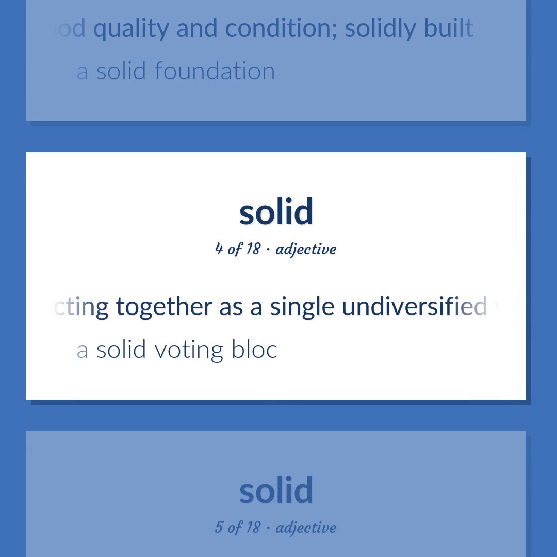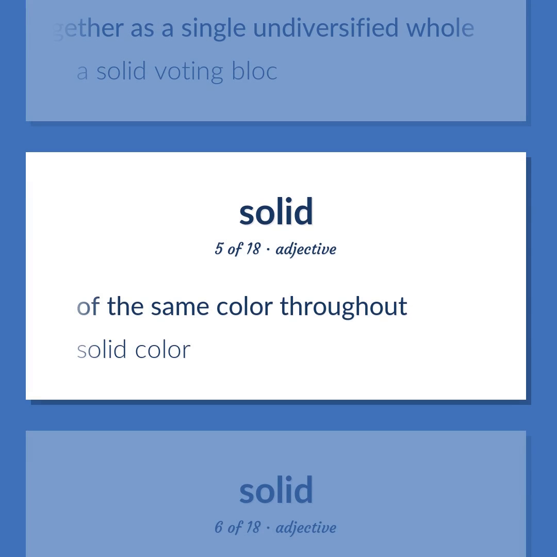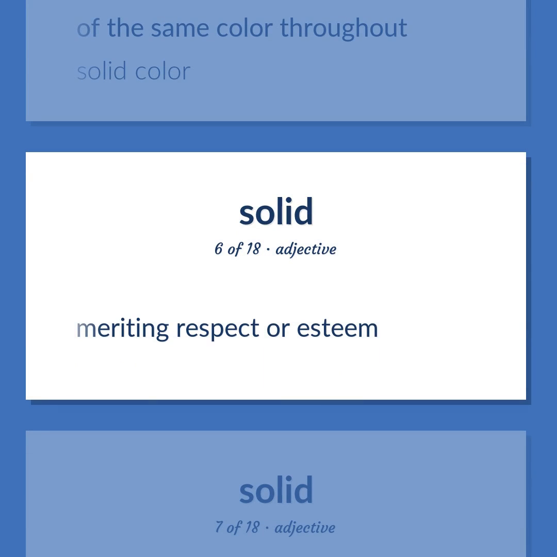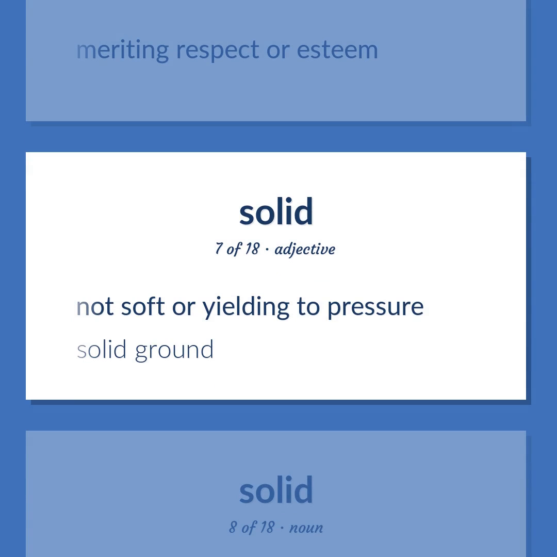Acting together as a single undiversified whole. A solid voting block. Of the same color throughout. Solid color. Meriting respect or esteem. Not soft or yielding to pressure. Solid ground.